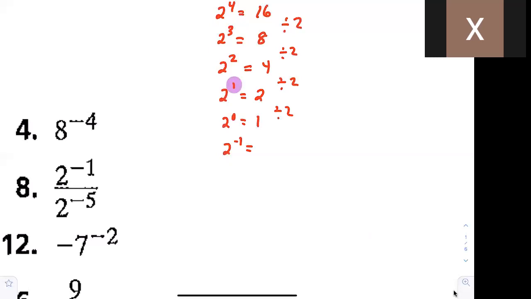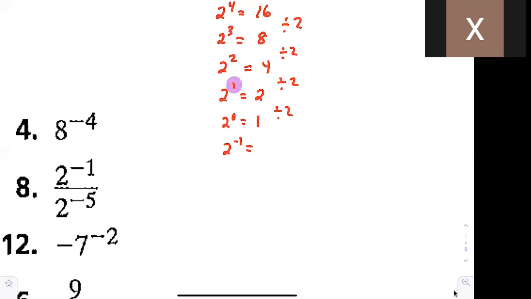Why is it 1/2? That's so awkward that 2 to the negative 1 is 1/2. It doesn't make sense if you just are making up your own math. You think negative exponent has something to do with the value, whether it's positive or negative. Is that true? No. The negative exponent has nothing to do with the value. How did you get 1/2?